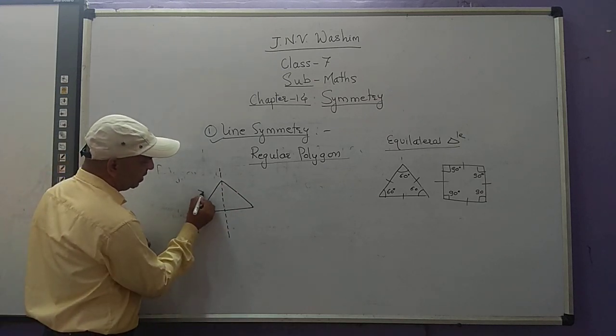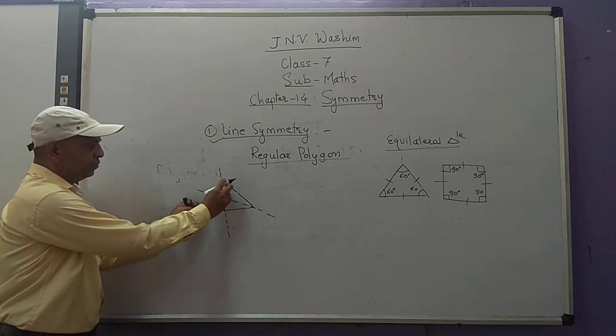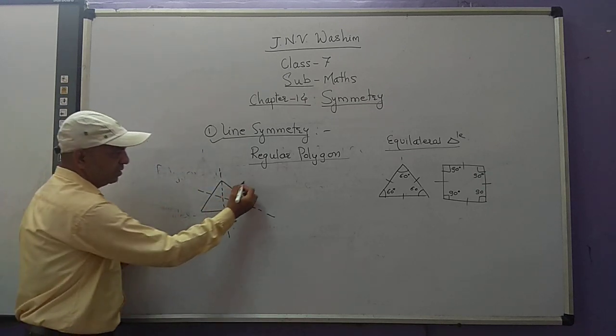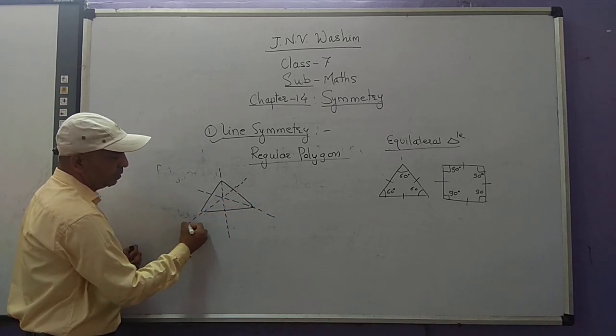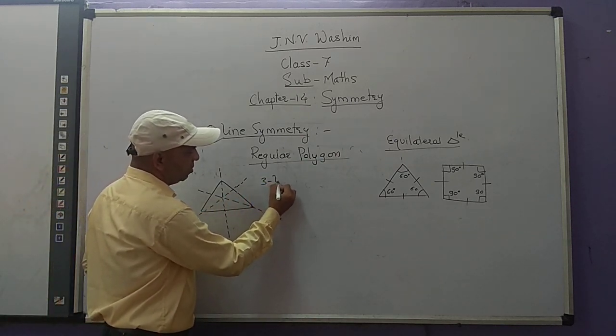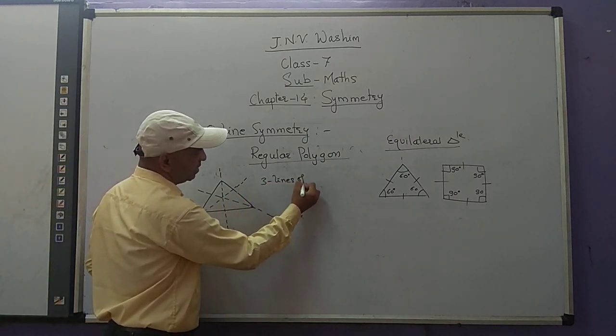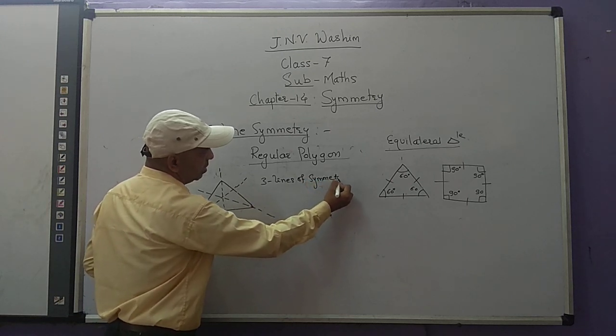Similarly, like this line, again these two parts are coinciding. Again, the third. So, this equilateral triangle has three lines of symmetry.